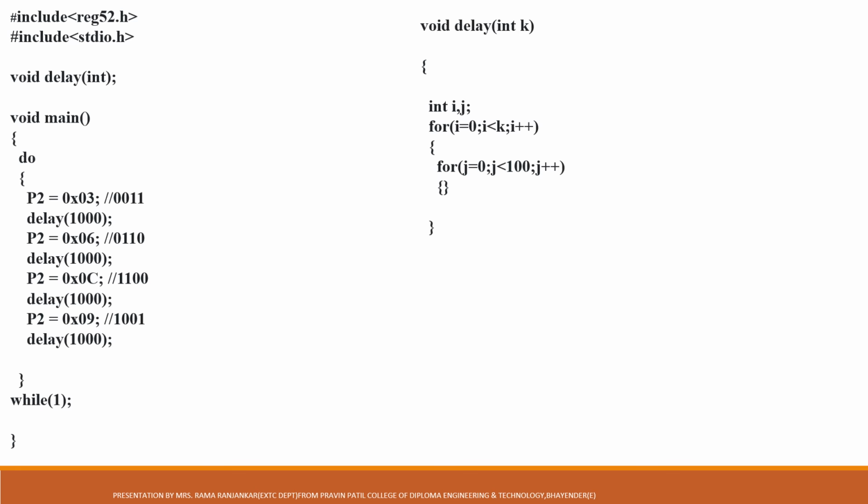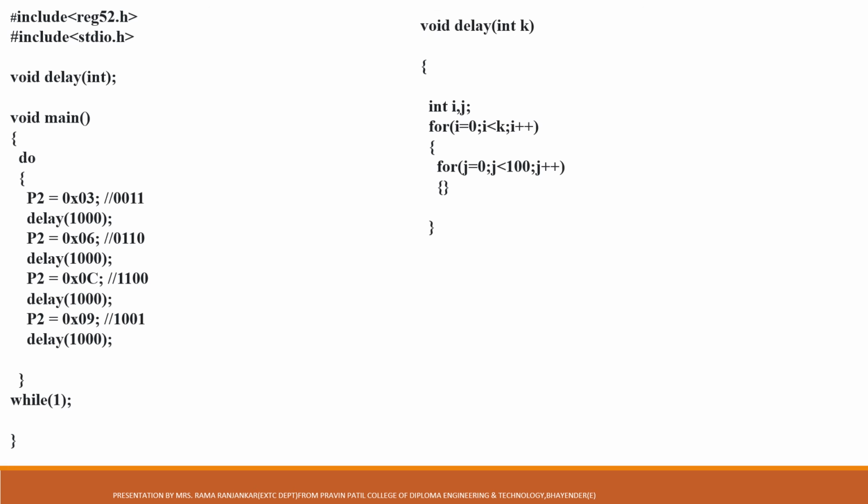So here I am going to display the program to interface the stepper motor in clockwise direction. Here port 2 is used; if you want to use port 1, then you can change it in the program. So port 2 is equal to 0x36, 0xC, and 0x09.